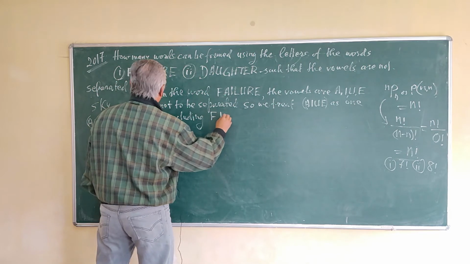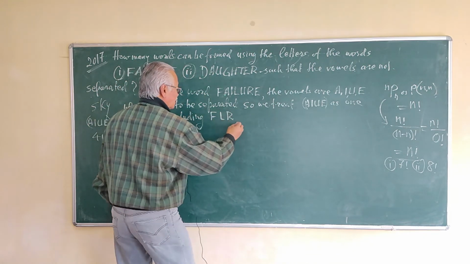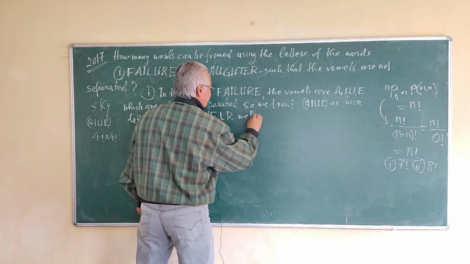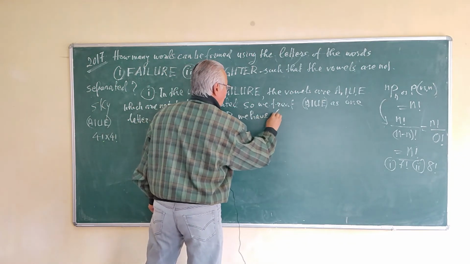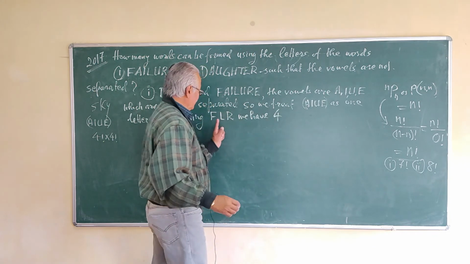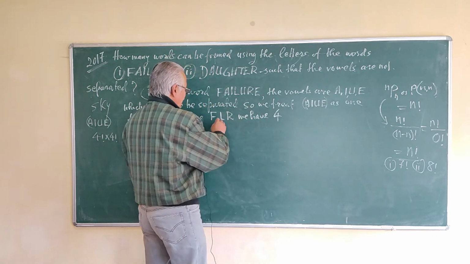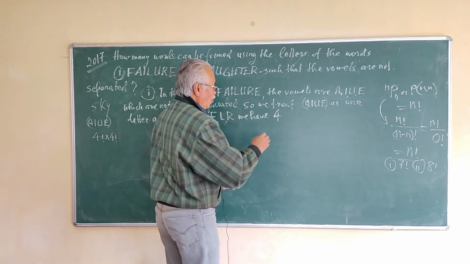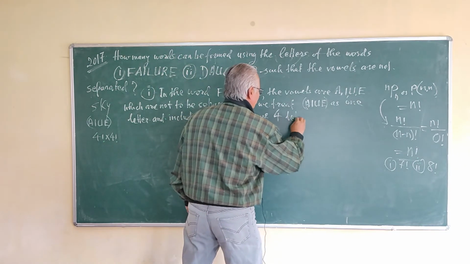F, L, and R. We have 4 letters, because we are going to treat this one as one letter. So including F, L, and R, we have 4 letters.